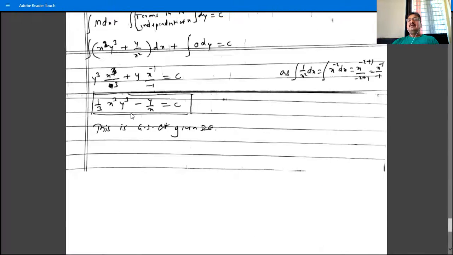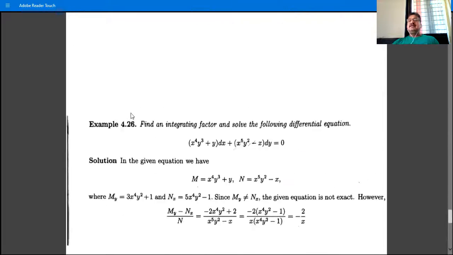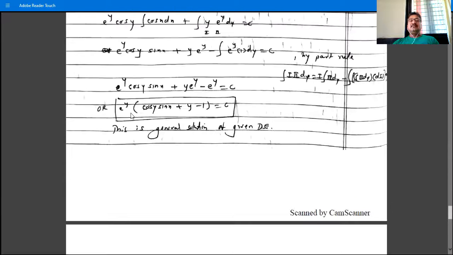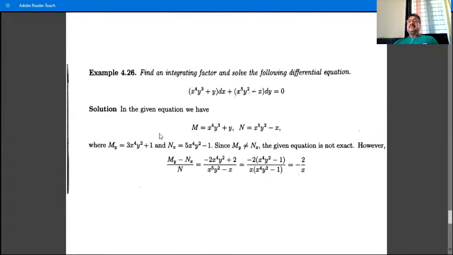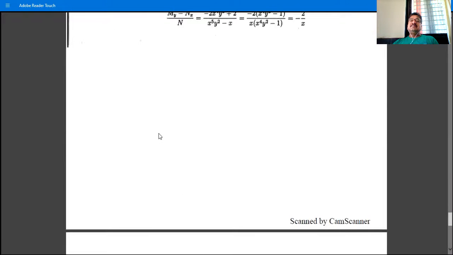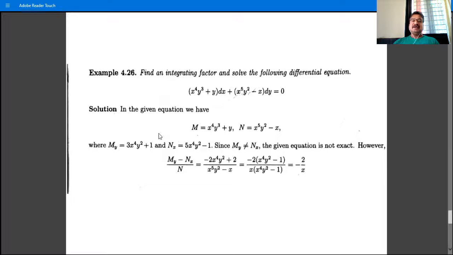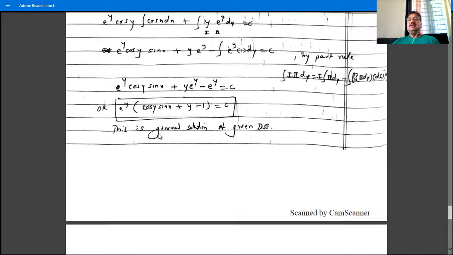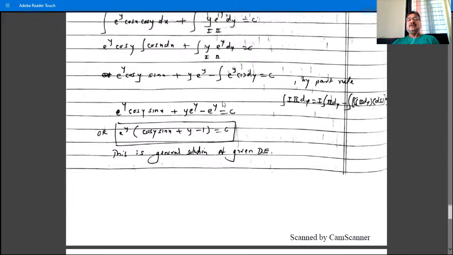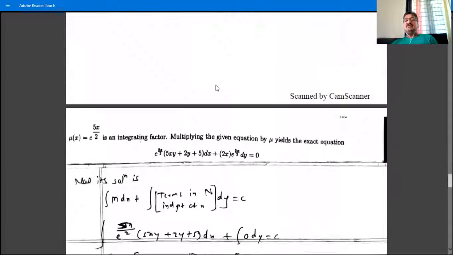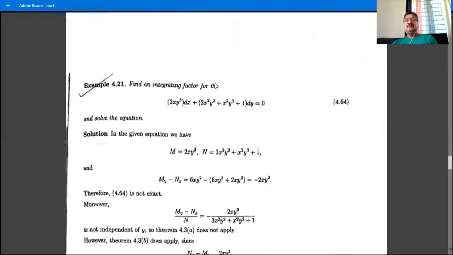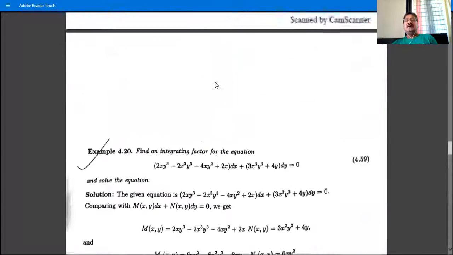The second method is the differential equation reducible to the exact differential equation. In this type there are six sub-methods. That is, find the integrating factor for the differential equation, multiply the differential equation by it, and solve the given differential equation.